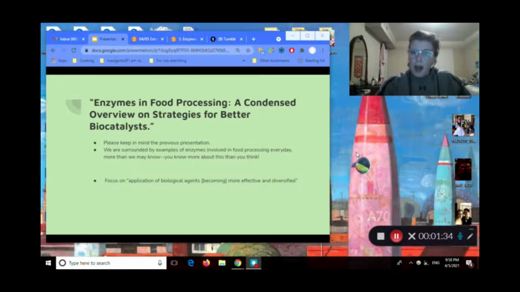In other words, how can we take something we have now and make it better? Some of the enzymes we might be looking at in this article you might already be familiar with, like amylase, pepsin, and xylose, just as a few examples. We'll get into more hefty details as this presentation goes on.